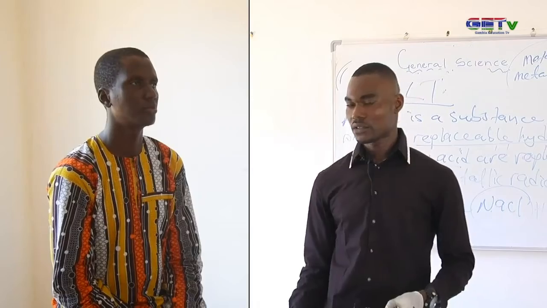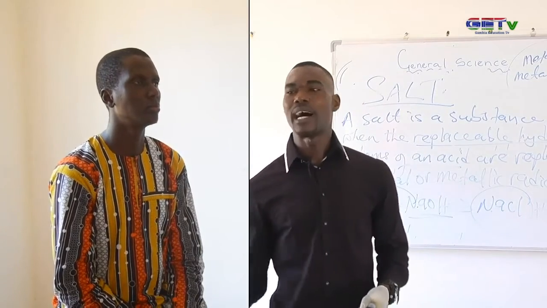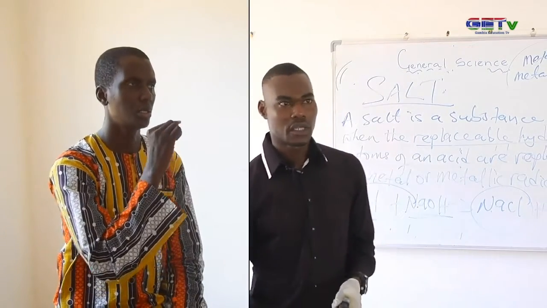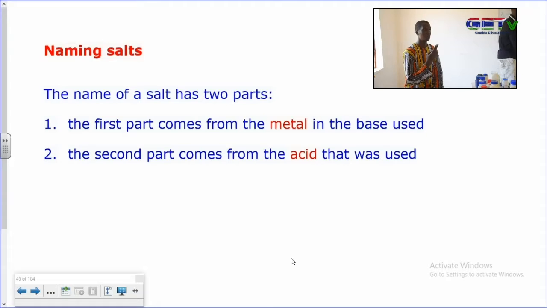All right. Now let's look at naming salts. How do we name salts now? Naming of salts. The name of a salt has two parts. What are these two parts now? The first part comes from the metal in the base, and the second part comes from the acid that was used. So to name a particular salt is very simple.